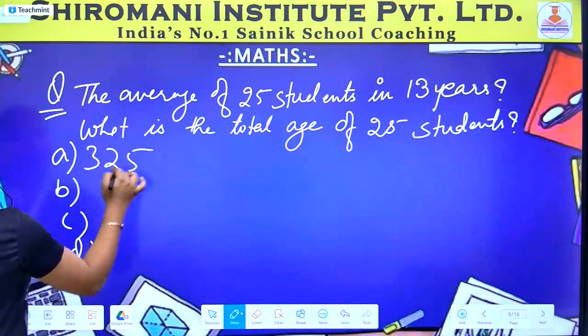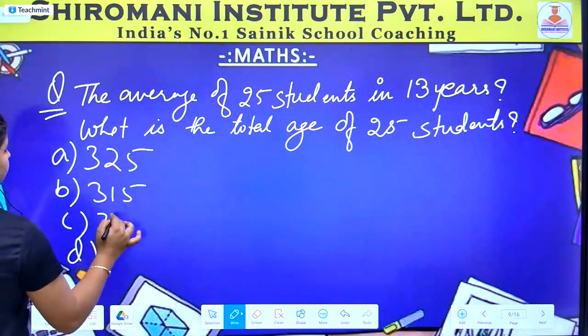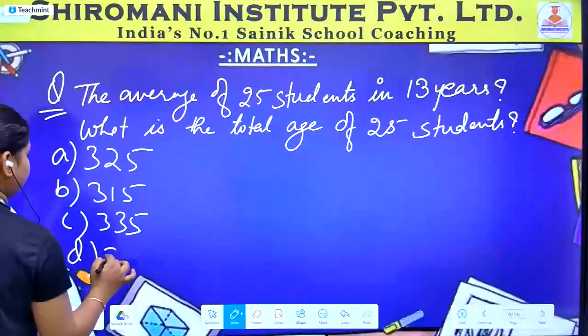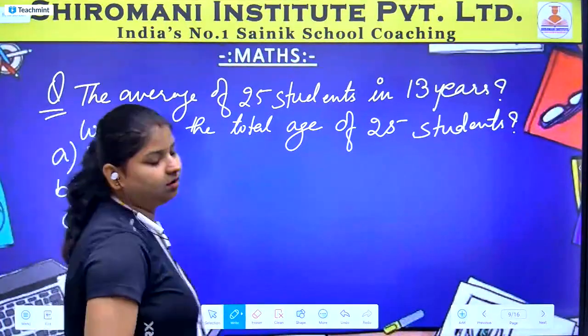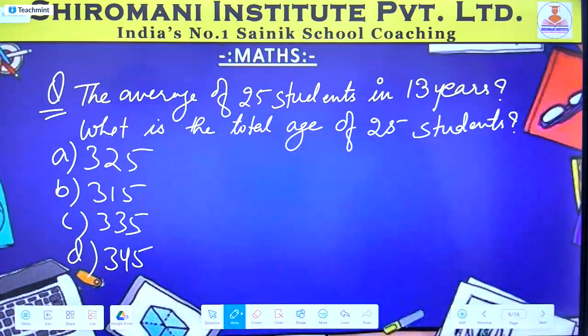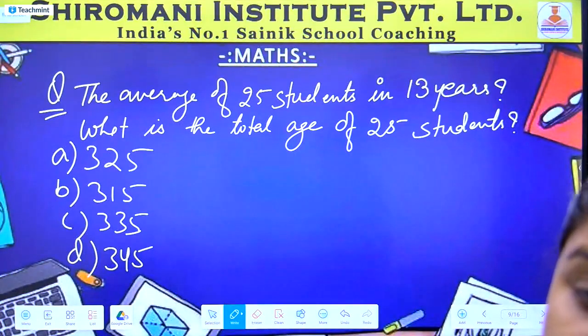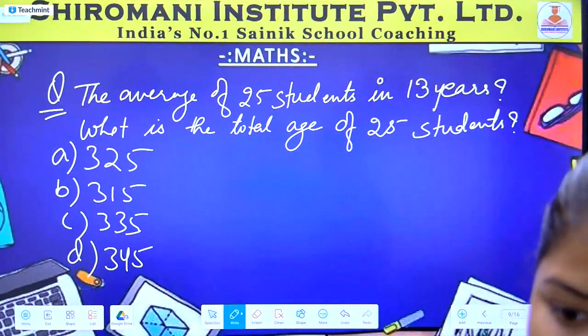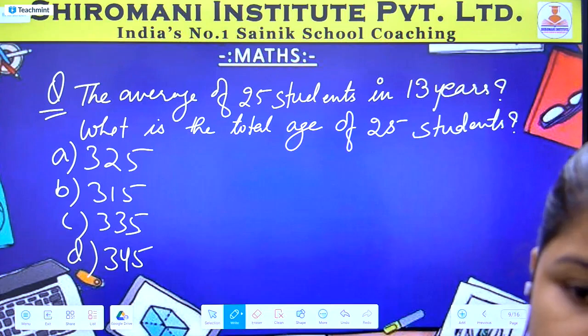The options are 325, 315, 335, 345. Answer me. If the average age of 25 students is 13, what shall be the total age of 25 students?